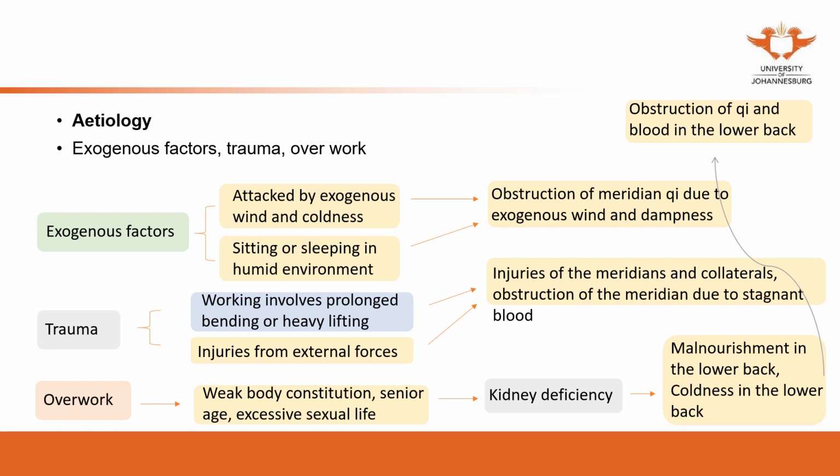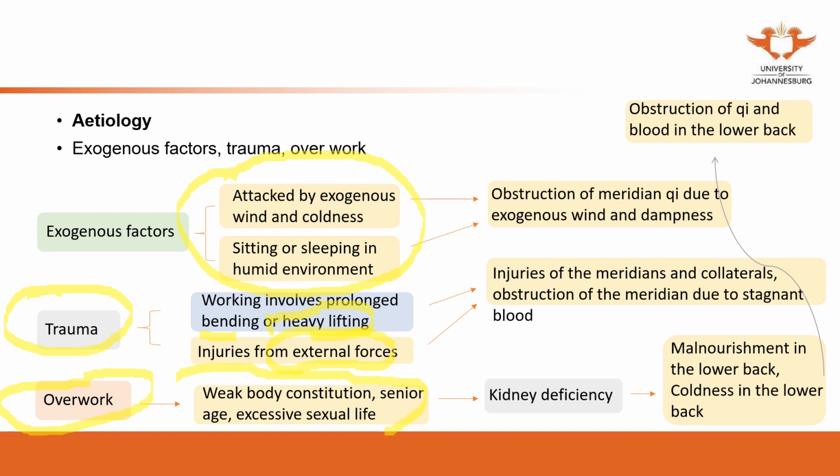Exogenous factors attack, the wind and coldness, still similar to the B-pain syndrome, humidity, dampness, trauma, direct damage, external force. It can be bending, prolonged bending, or heavy lifting, overwork, weak body constitution, senior age, excessive sexual life.